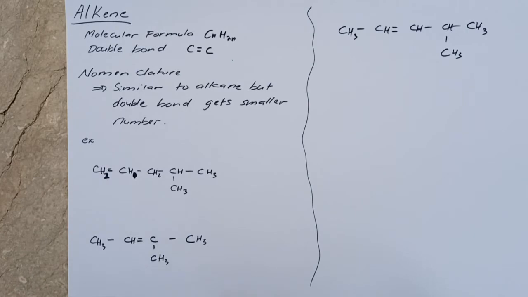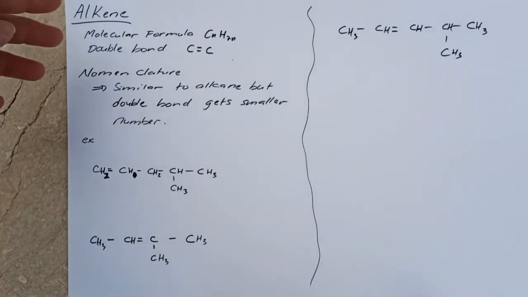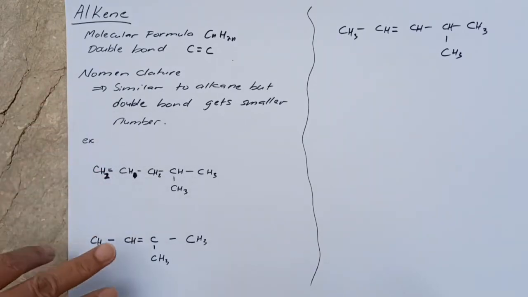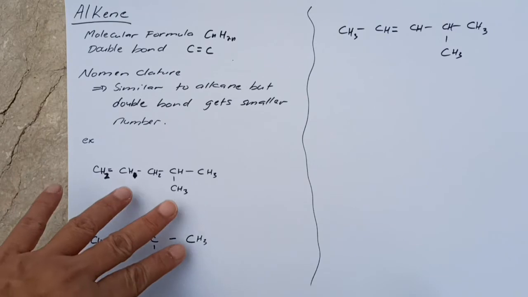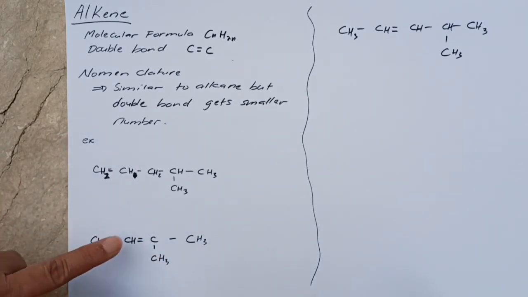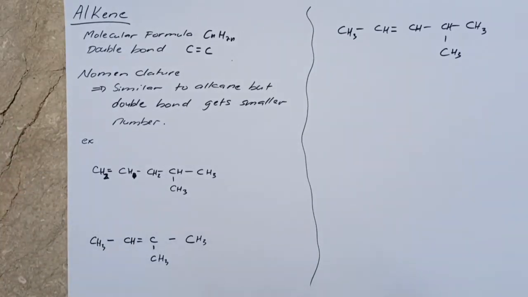For nomenclature, if you are already used to alkane, this is going to be quite easy because the naming is similar. However, if you have a double bond and a branch, the double bond will have a smaller number than the branch. So take a look at this one.